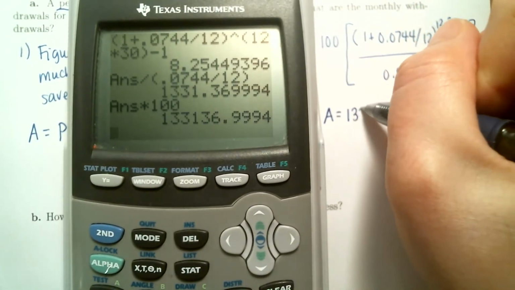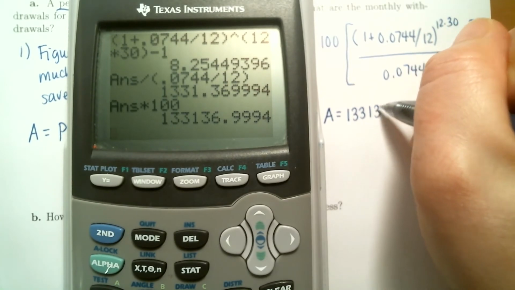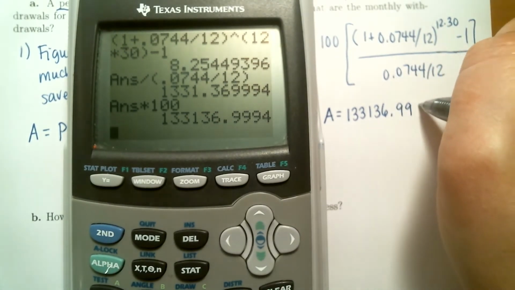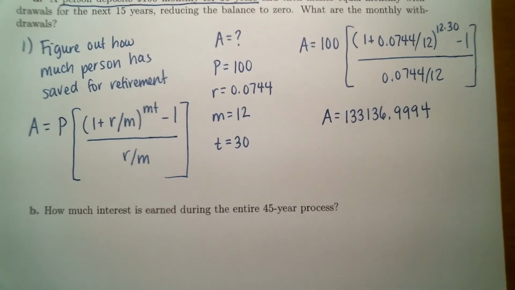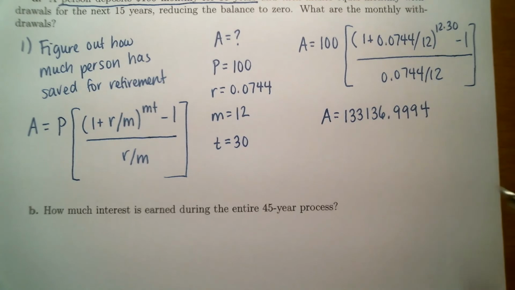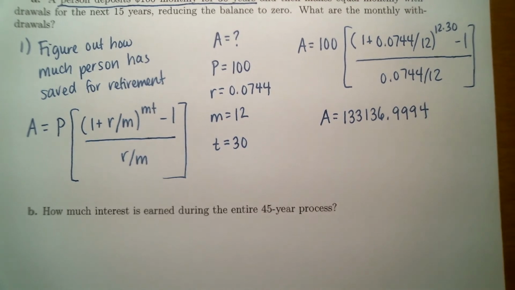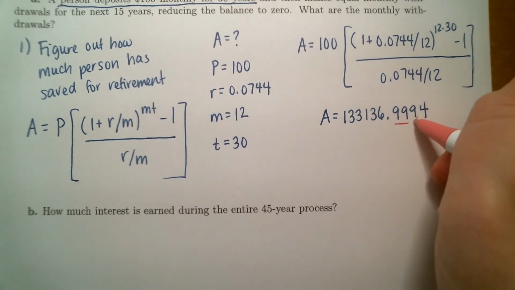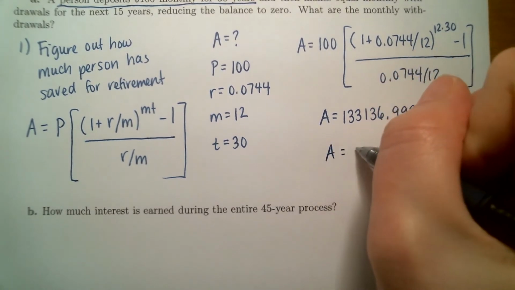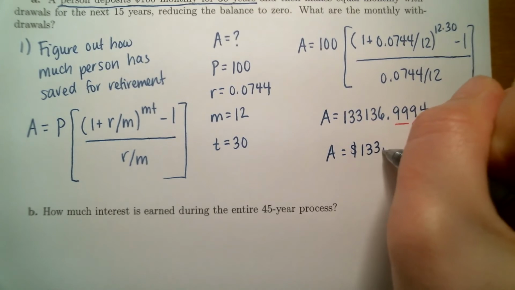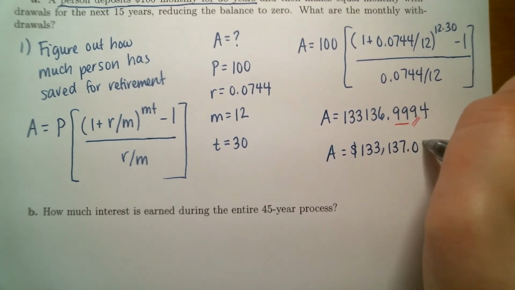Let me write this down, and then we'll round. After 30 years, this person has $133,136.99. That's a 9 after, so we need to bump it up, so we're just going to say $133,137 even.